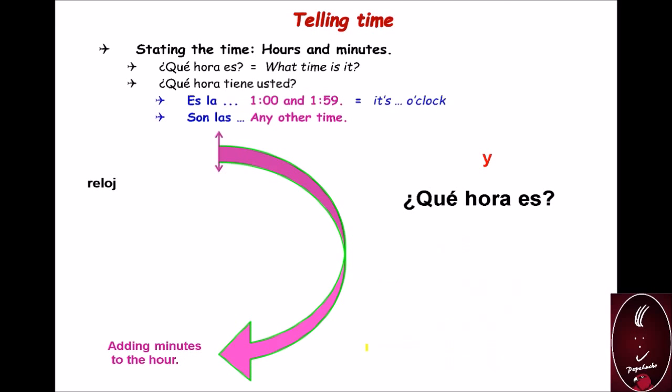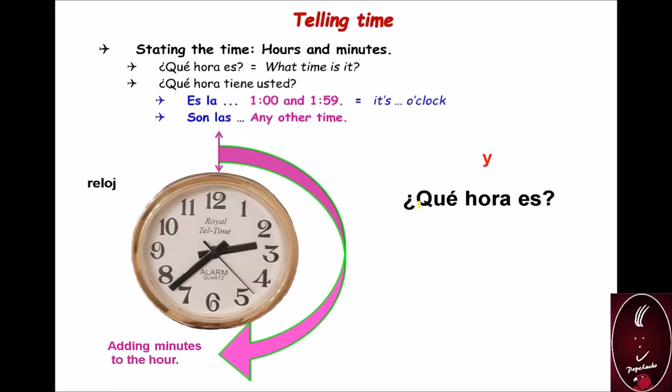Let's see another example. ¿Qué hora es? How many minutes are we adding to the hour? The hour is 2. How many minutes? 30, 35, 36, 37.